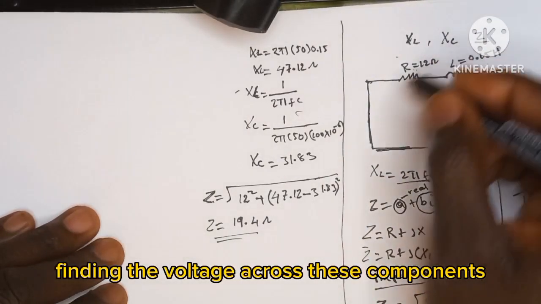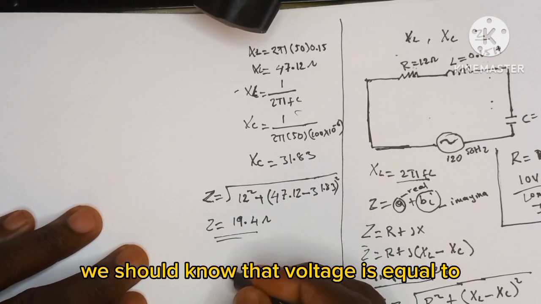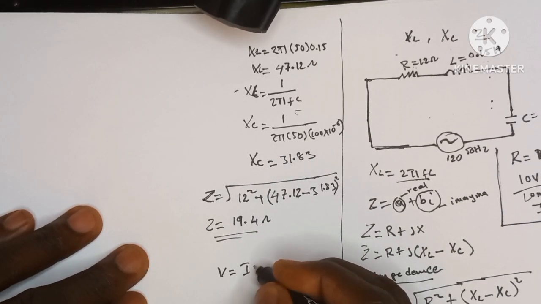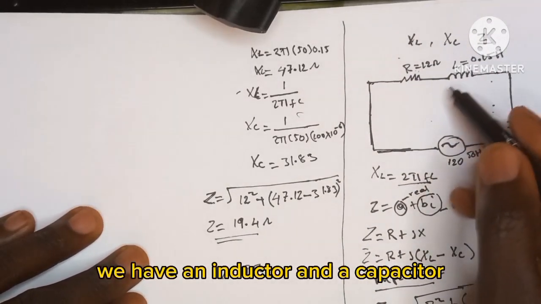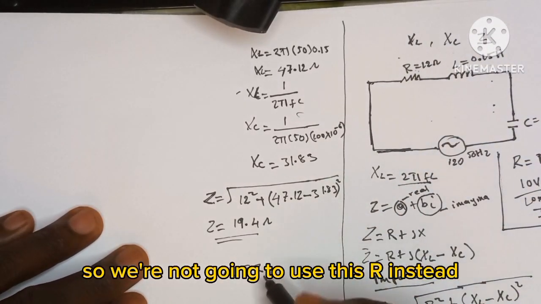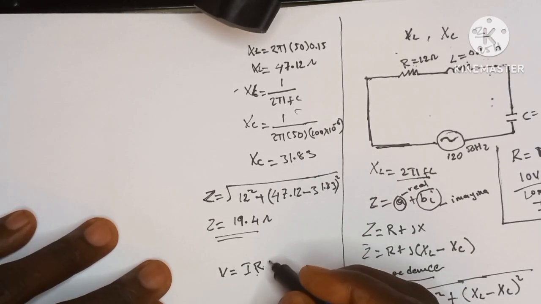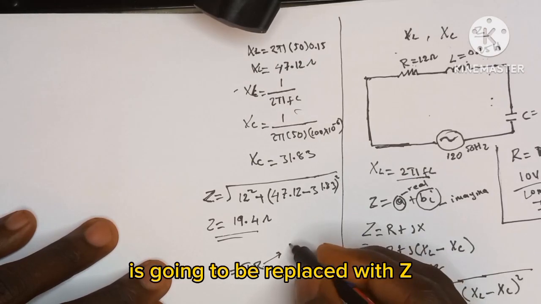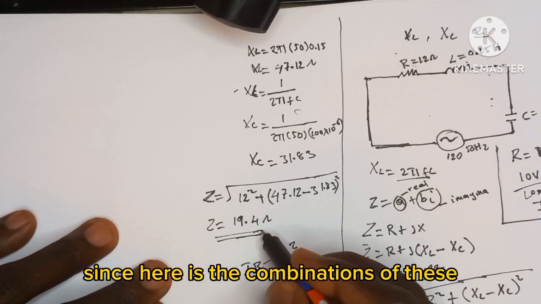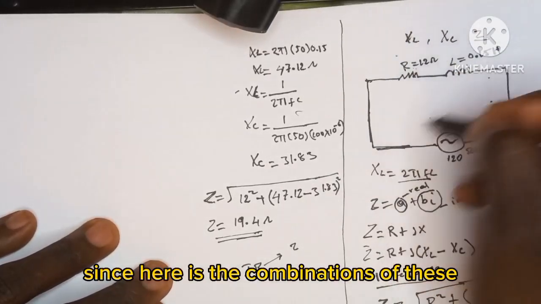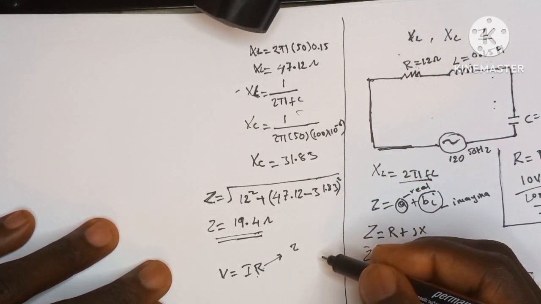Finding the voltage across this component, we should know that voltage is equal to I times R. In this case, we have an inductor and a capacitor, so we're not going to use this R. Instead, this R here is going to be replaced with Z, since here is the combination of these reactance and resistance.